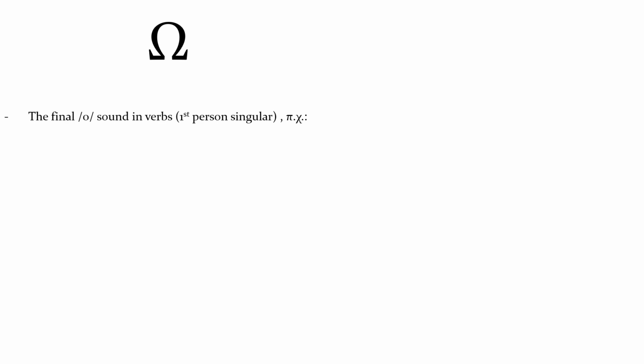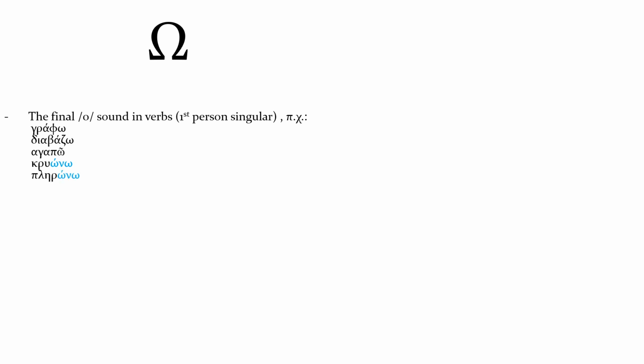And let's take a look now at when we can use omega. In first person singular verbs where the final sound is O, like grafo, I write, diavazo, I read or I study, agapo, which is a contract verb, and there are videos here about that on this channel. Agapao became agapo, that -ao became an omega.